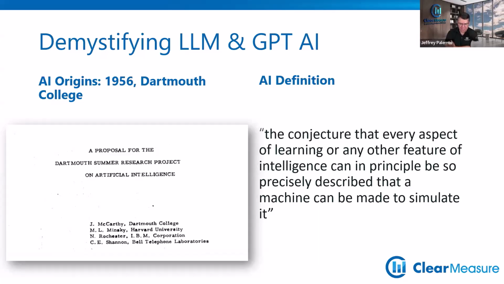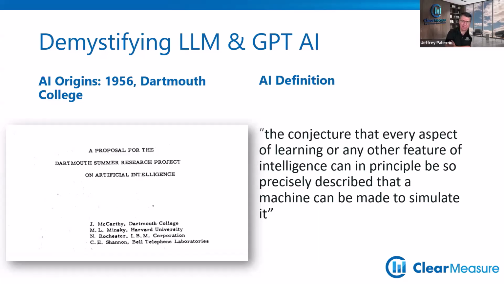And so he made the pitch to request funding for this summer program, and his hypothesis was around artificial intelligence. And he defined the term AI as the conjecture that every aspect of learning or any other feature of intelligence can, in principle, be so precisely described that a machine can be made to simulate it.